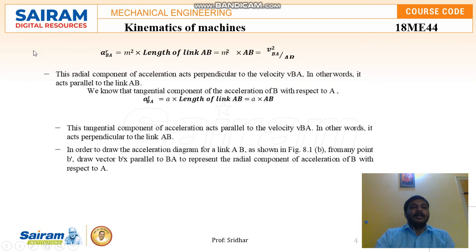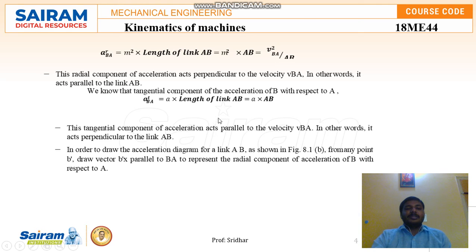Now this radial component of acceleration acts perpendicular to the velocity VBA. In other words, it acts parallel to the link AB. We know the tangential component of acceleration of B with respect to A: the acceleration of BA will be equal to alpha into the length of link AB, where alpha is the angular acceleration of AB.